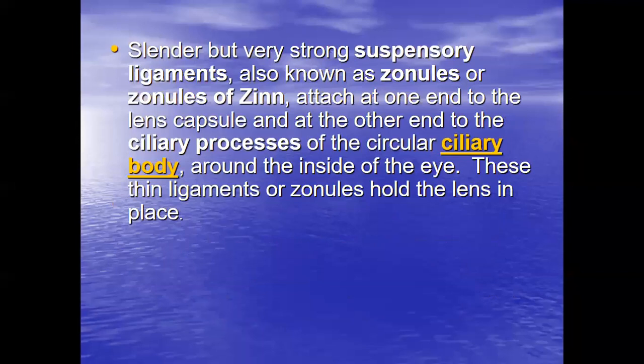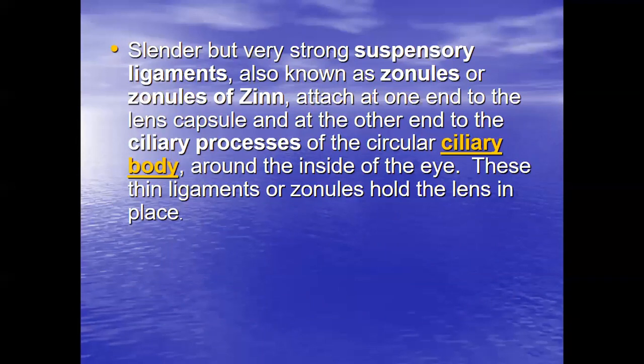Suspensory ligaments, also called zonules or zonules of Zinn, are attached at one end to the equator of the lens, and the other end is attached to the ciliary process. Ciliary processes are actually part of the ciliary body. And what is the ciliary body? It is the intermediate uvea. What is the anterior uvea?